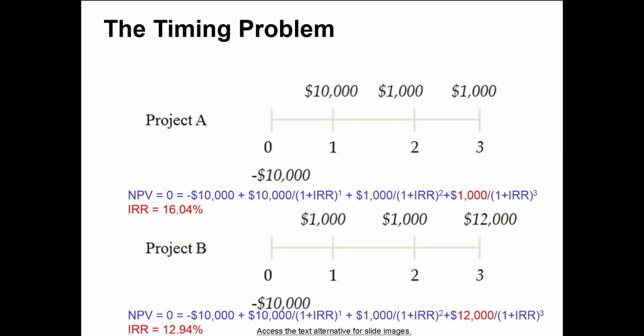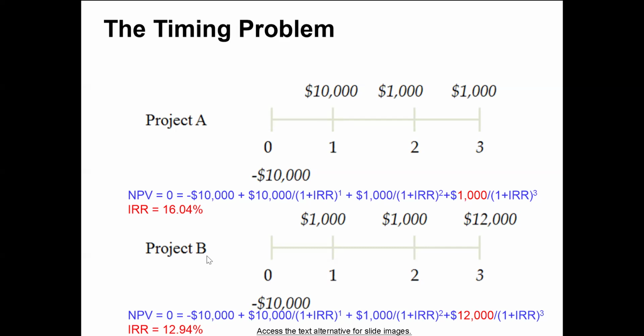All right. Let me discuss why this problem happens. More intuitively speaking, project A gets bigger cash inflows in the early stage, so it is less sensitive to the discount rate.